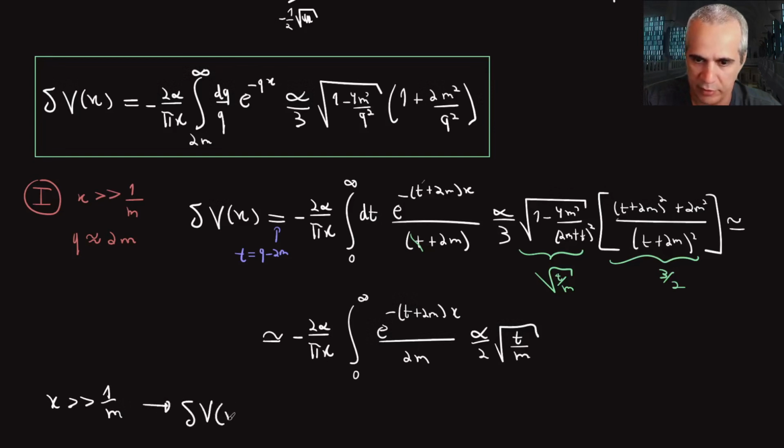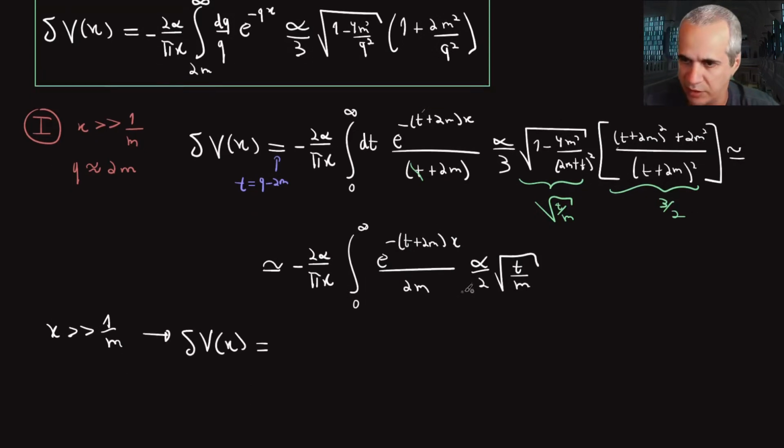delta V of x will be equal to, and now there are other simplifications here. I'm still keeping this alpha separated from this one because I want to extract the thing that looks like a Coulomb potential that is here.